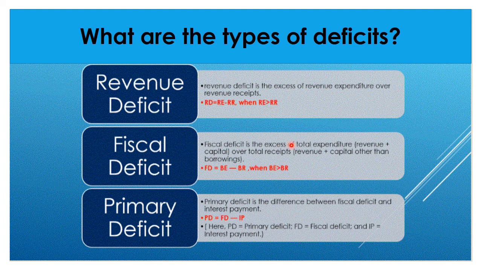Fiscal deficit is the excess of total expenditure, revenue and capital, over total receipts, revenue and capital other than borrowings, which means that the total expenditure of the government is greater than the total receipts. And lastly, primary deficit. Primary deficit is the difference between fiscal deficit and interest payment.